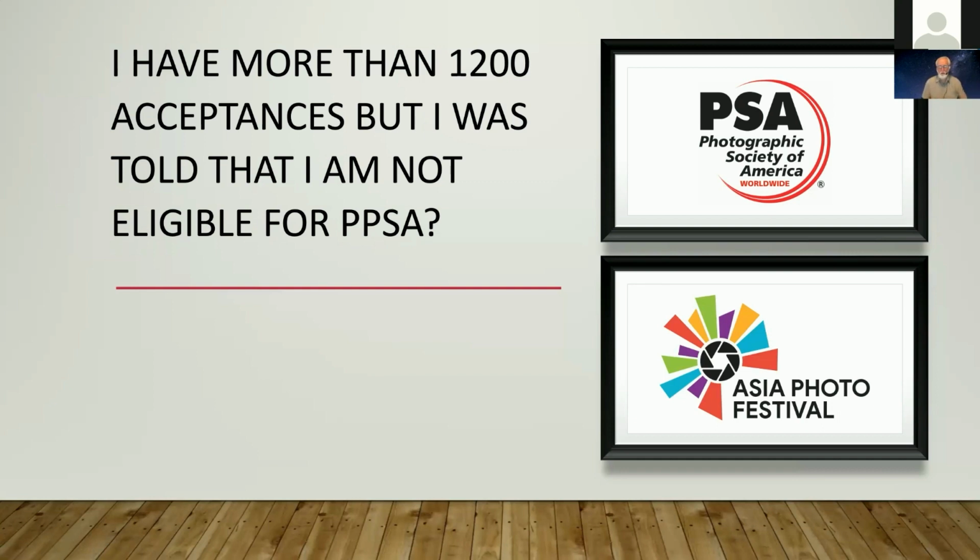For each star rating, you need a certain number of acceptances but they must come from a minimum number of different images or different titles. So, for example, if you had 1,200 acceptances, but they only came from 50 different images, you're not going to be able to get PPSA, because PPSA requires 288 acceptances, but they have to come from at least 96 different titles. So keep that in mind.